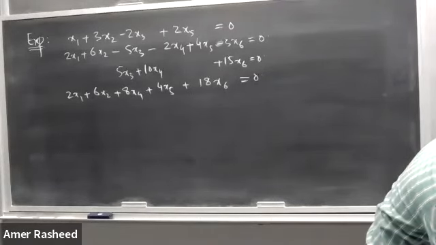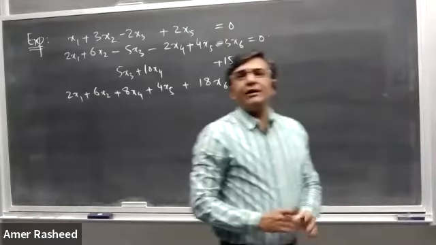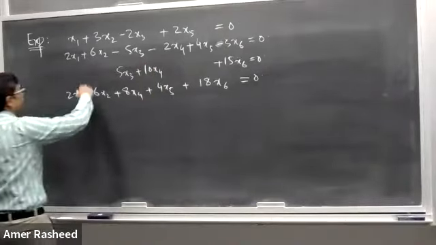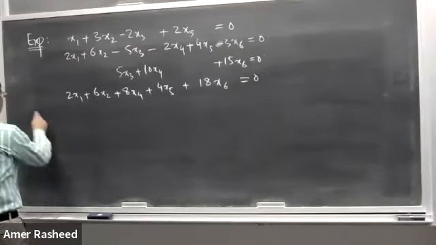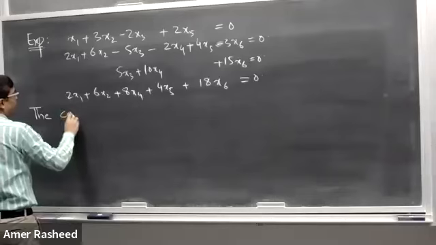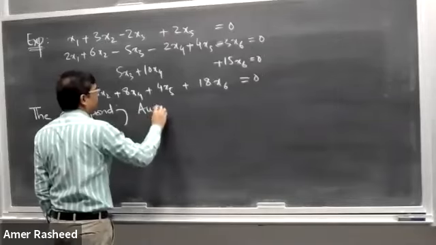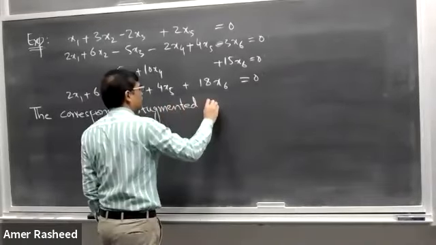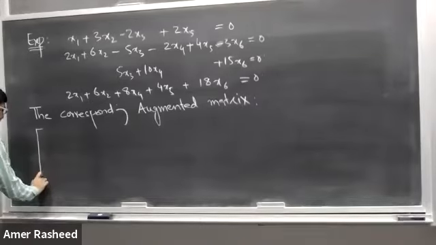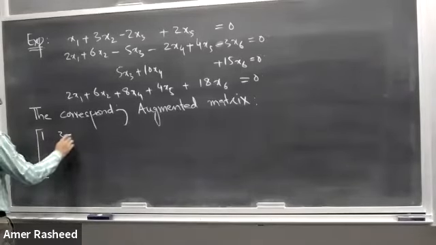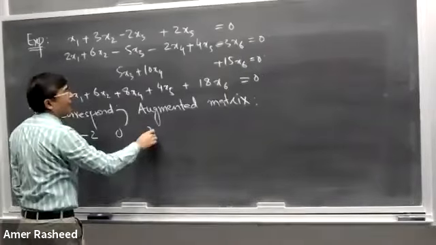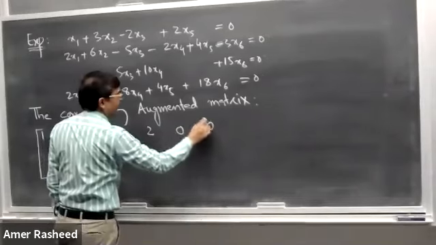As you can see, there are more unknowns than equations. We have 4 equations and 6 unknowns. The corresponding augmented matrix to this homogeneous linear system is: 1, 3, negative 2, 0, because there is no x4 here, 2, and the x6 coefficient is 0 here, and then the right hand side.